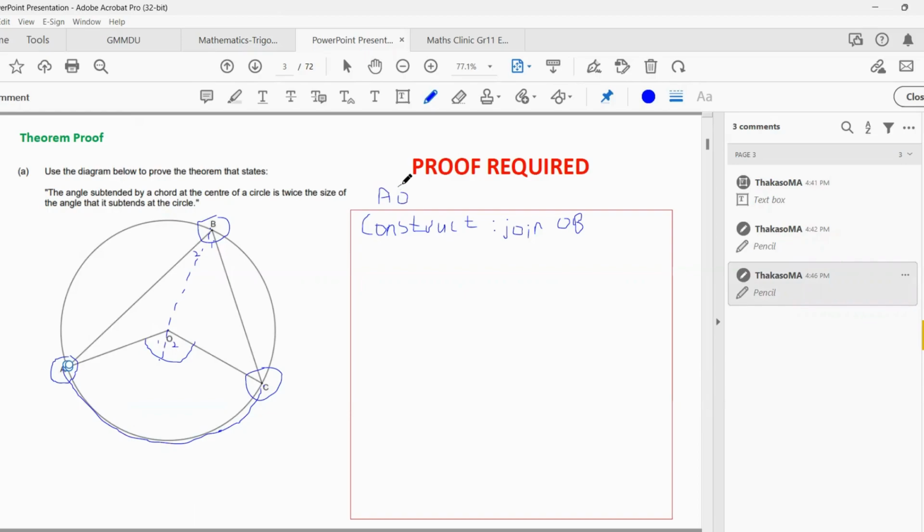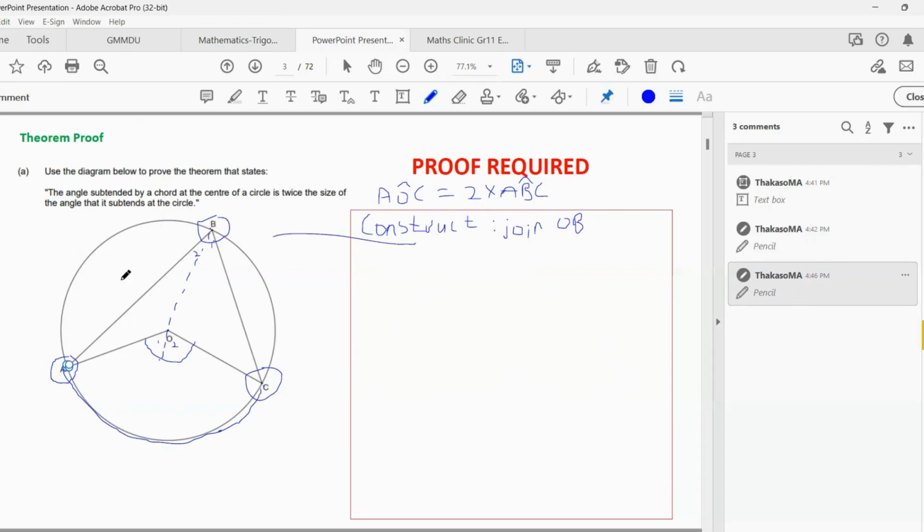Angle at center is twice angle at circumference. So where do we start?